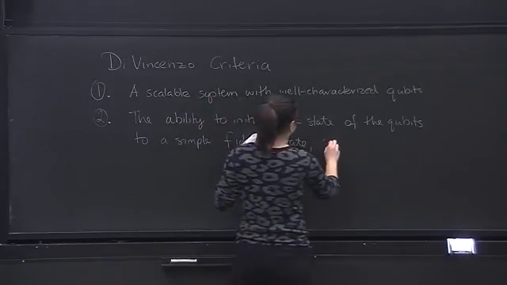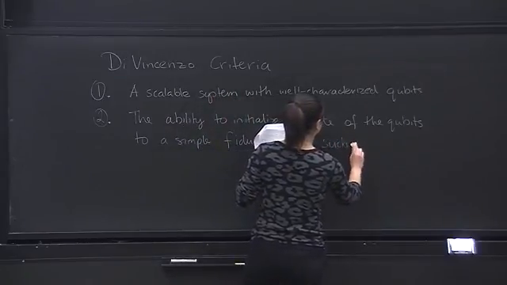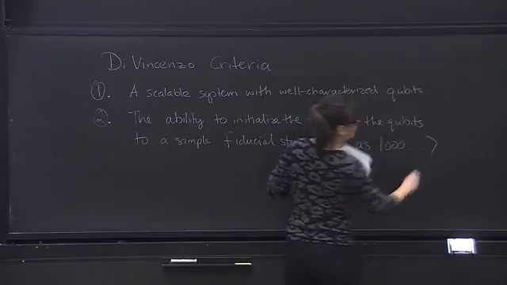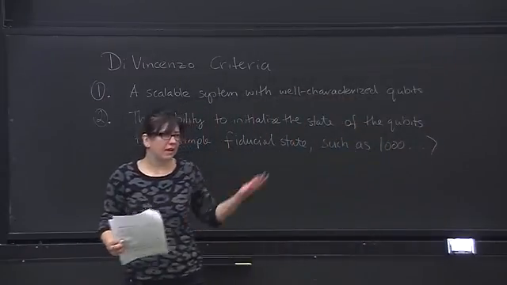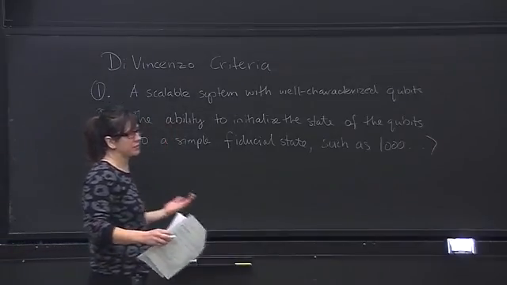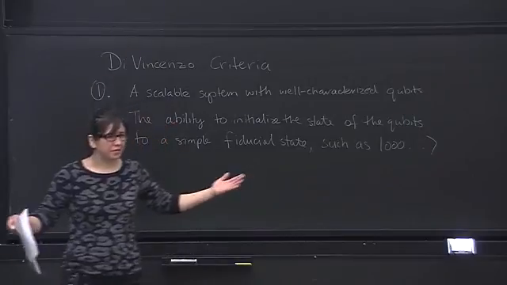And so one example of that is the state of all zeros. And that's reasonable as well. You would imagine that if you're doing some sort of quantum computation, you want to start off with some sort of simple state.